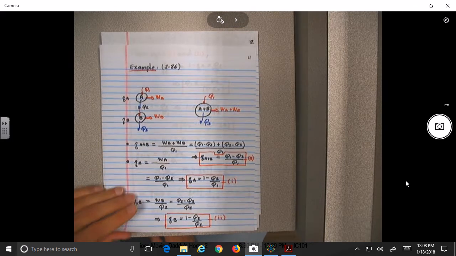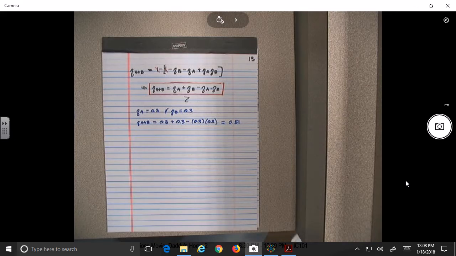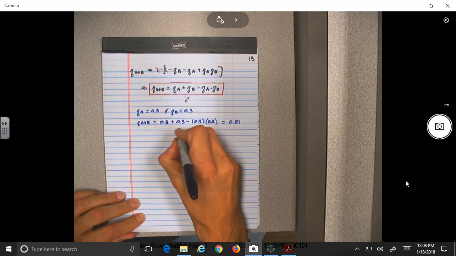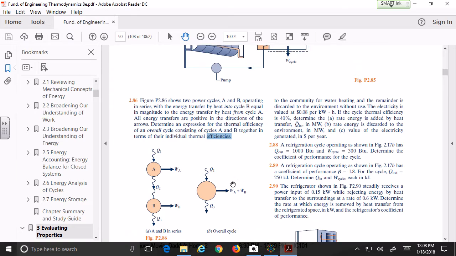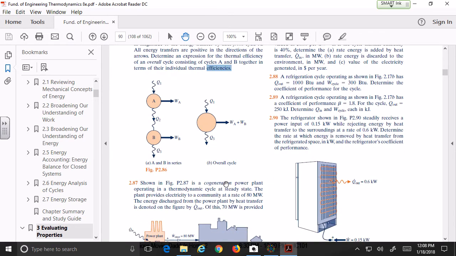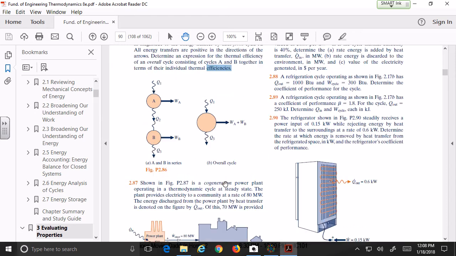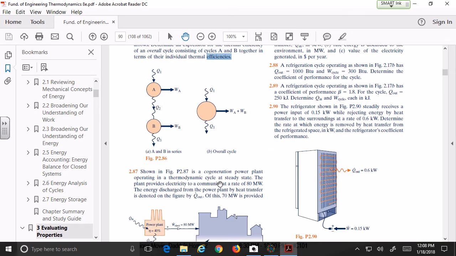All right, so this is what we did. 1, 12, 13. We still have time. Since the book is open, let's see if they have problems about that. 286. Let's see, 287.